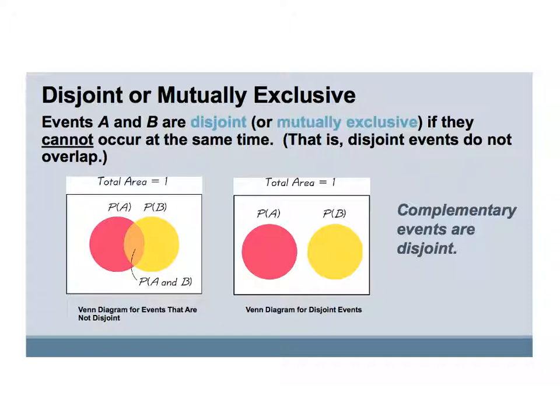For 2 things to be disjoint, they cannot occur at the same time. So that second set of Venn diagrams there, where you've got probability of A and probability of B, and they don't overlap at all, those are disjoint events. If they overlap, then they are not disjoint. There is some time when they both happen at the same time.